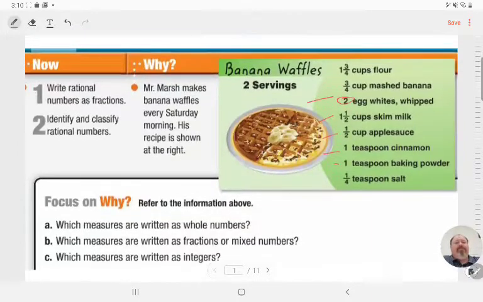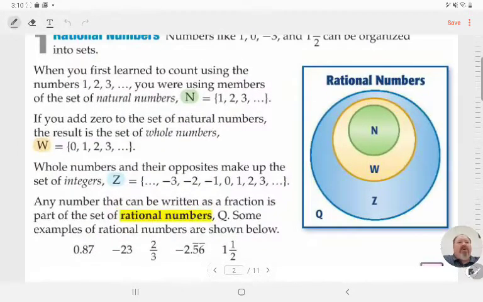All right, so we can organize numbers into number sets. When you first learned to count using the numbers 1, 2, 3, and so on, you were using members of the set of natural numbers represented by a capital N. And then you added 0 to that.